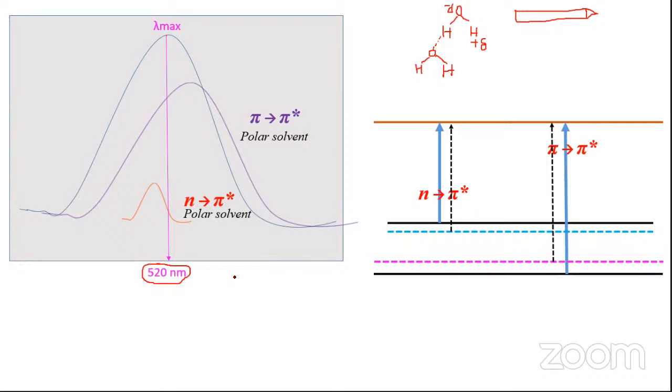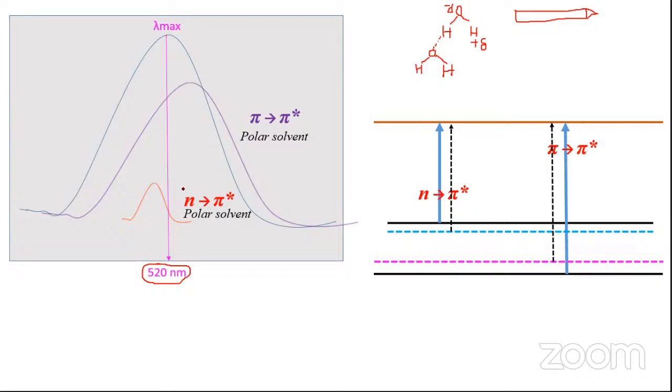Did you get the question, or should I repeat it? Is it not valid to ask? See, if you want to take absorbance, most of the time you will dissolve your sample in some solvent, right?